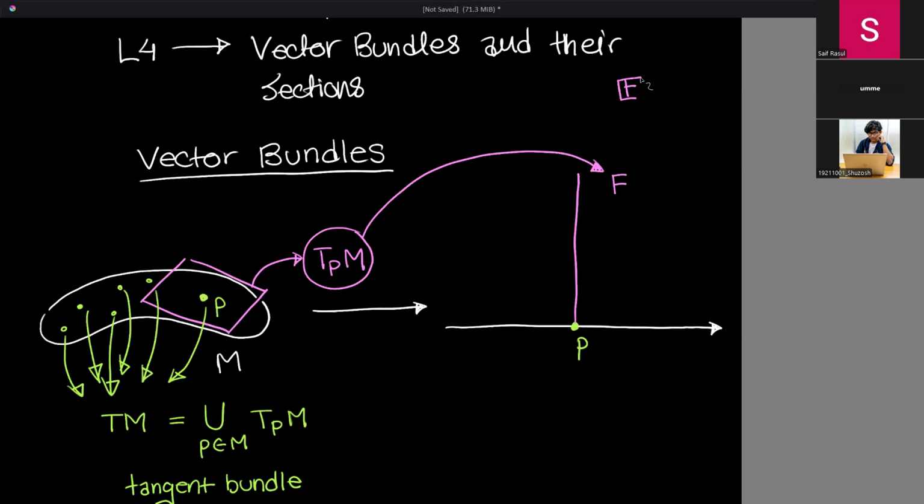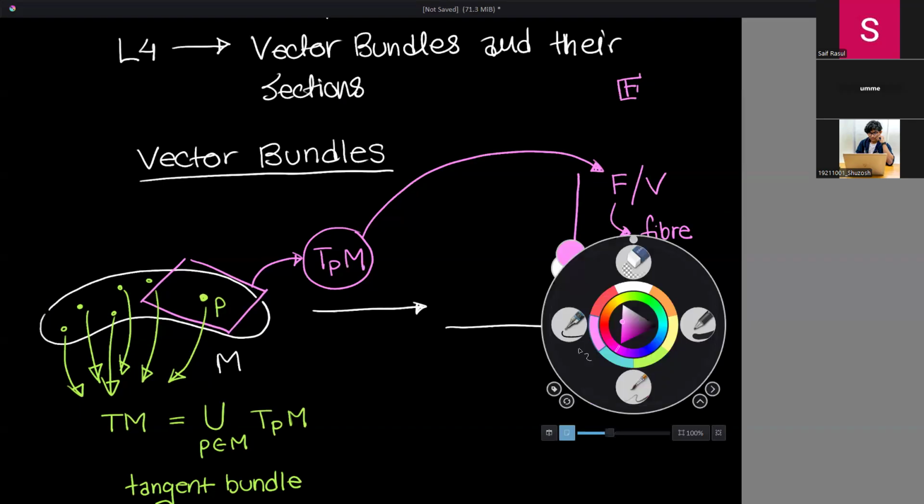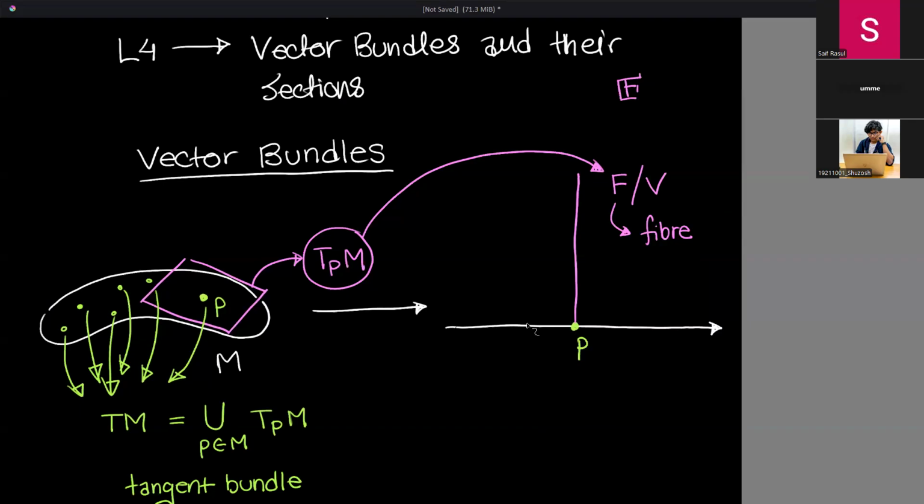We could have also called this V. This is what's called the fiber, and it's called the fiber because it kind of looks like our manifold is growing hair. And what will happen is that we're not just attaching this hair onto the point P, we're attaching it to each point. Every single point on this manifold is going to have another fiber attached to it.